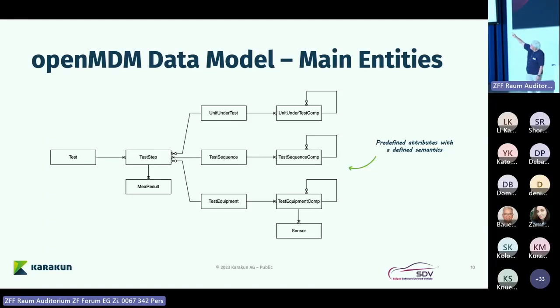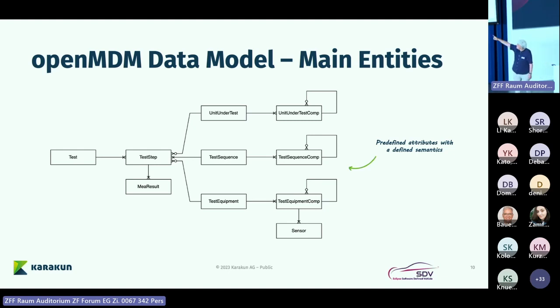In the middle, there's a test configuration. You can structure your test in test steps, but you can define a configuration of your real test by combining various test steps. I will give an example later. And the lower path describes the equipment you are using, with sensors as a first-class citizen in the model.